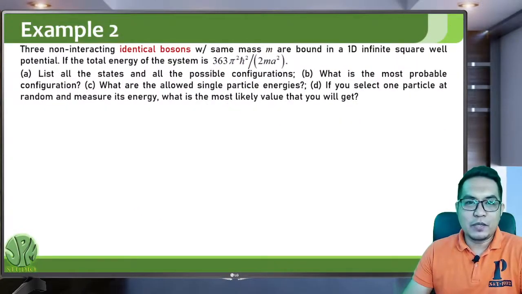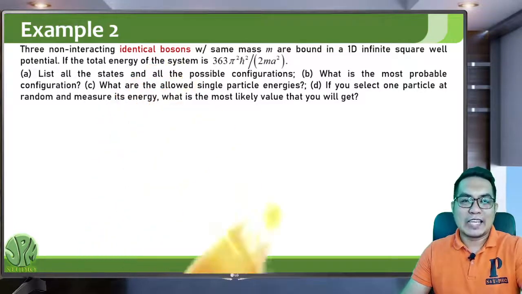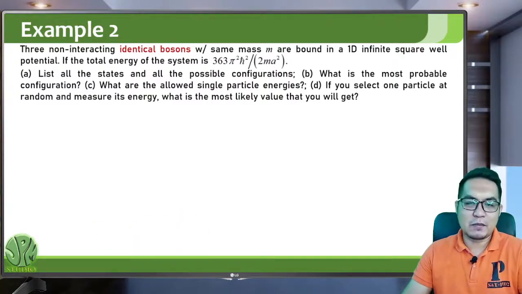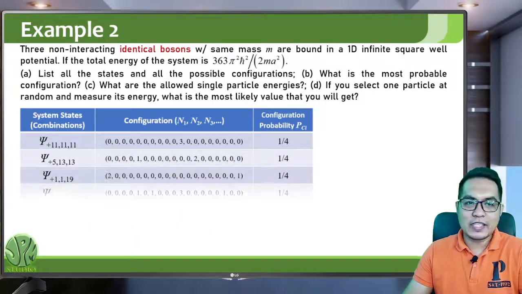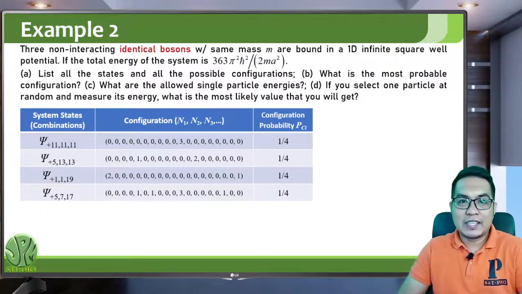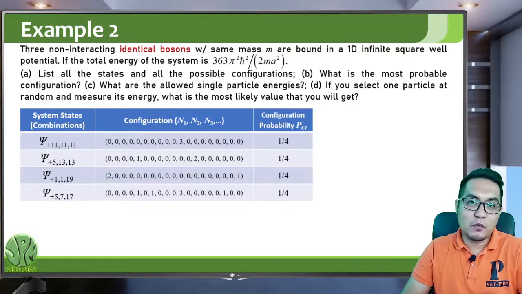For example number 2, the same problem, but it's now identical bosons. You list all the states and the possible configurations. Since these are identical particles, there's no longer a degeneracy, meaning one configuration now corresponds to one state.